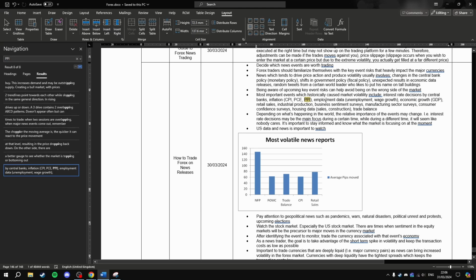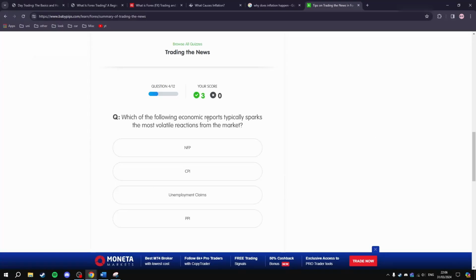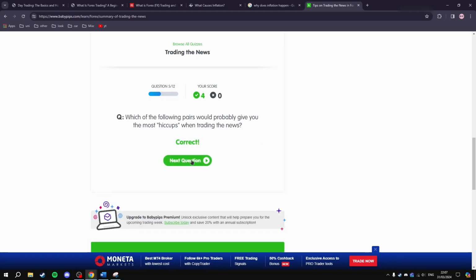Most important: CPI, PCE, PPI. NFP, right? Okay. Which of the following pairs would probably give you the most hiccups when trading the news? GBP/CAD, because it doesn't have the USD in it, which is because this isn't a major pair, isn't it? So it can't be that.